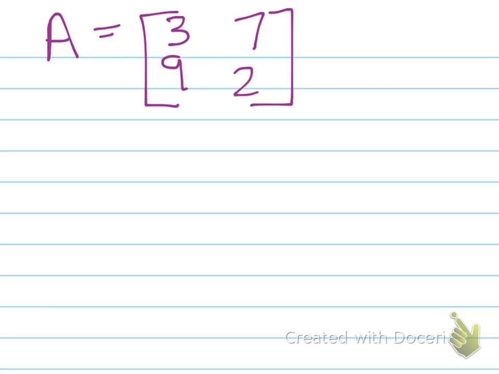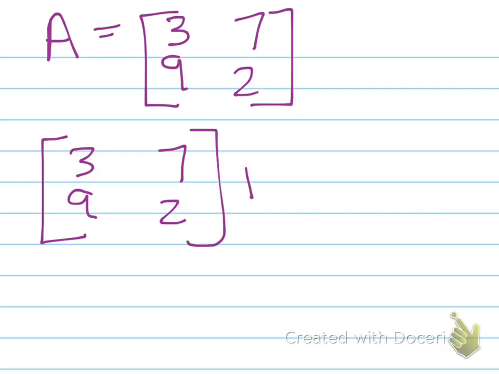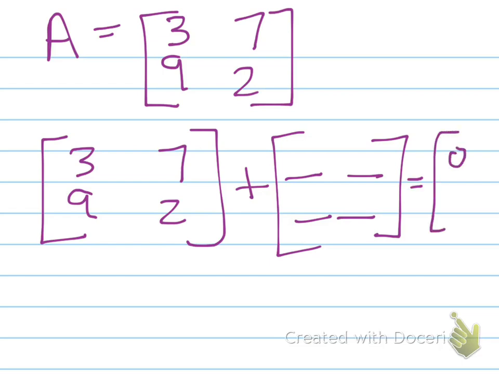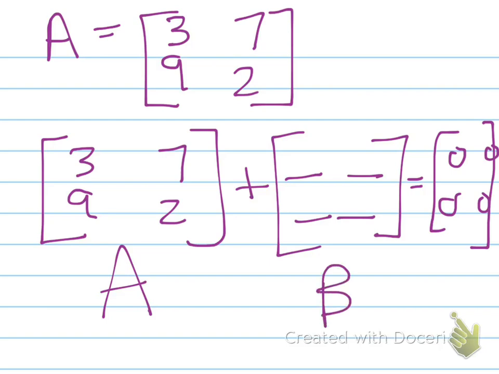For its additive inverse, I want to add something to 3, 7, 9, and 2 so that when I add them together, the entries all end up giving me zeros. So the first matrix is A. The second one is B, which is my inverse. And then lastly, it equals the 0 matrix.